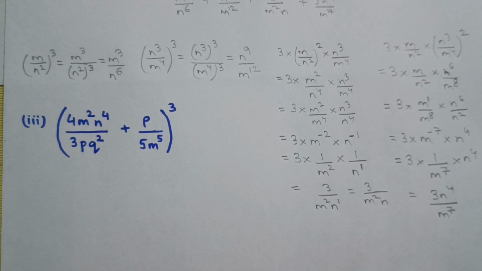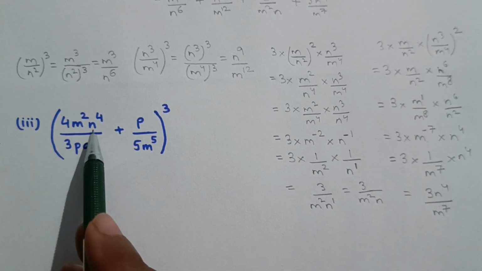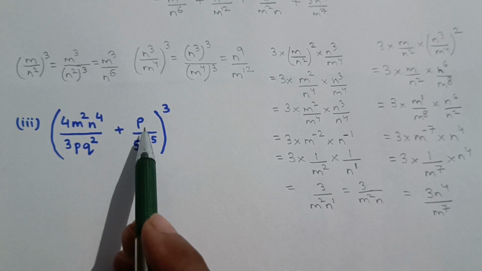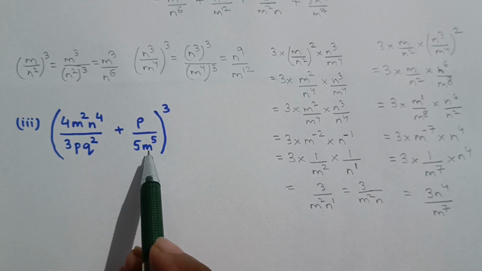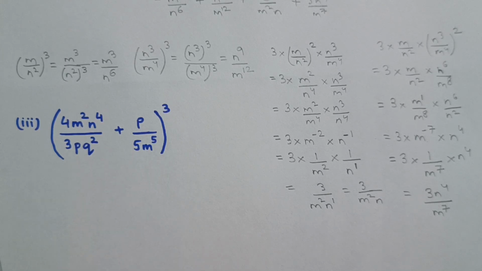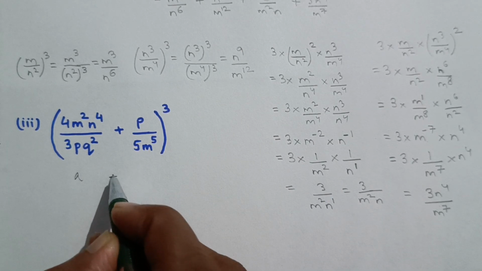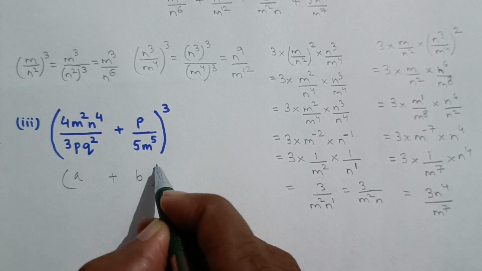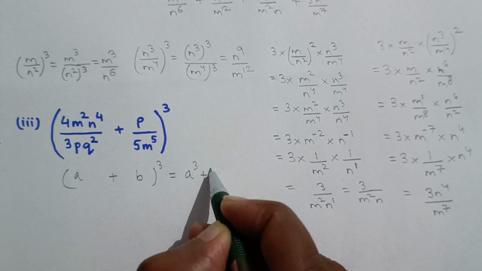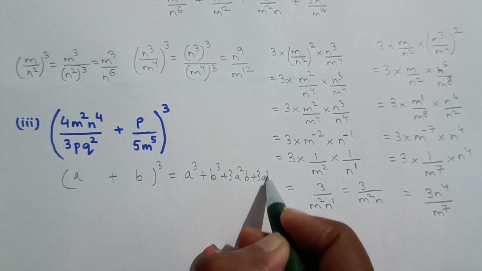So in question number 3, we have to expand (4m square n to the power 4 upon 3pq square plus p upon 5m to the power 5) whole cube. So we have to expand this expression. I know the algebraic identity (a plus b) whole cube is a cube plus b cube plus 3a square b plus 3ab square.